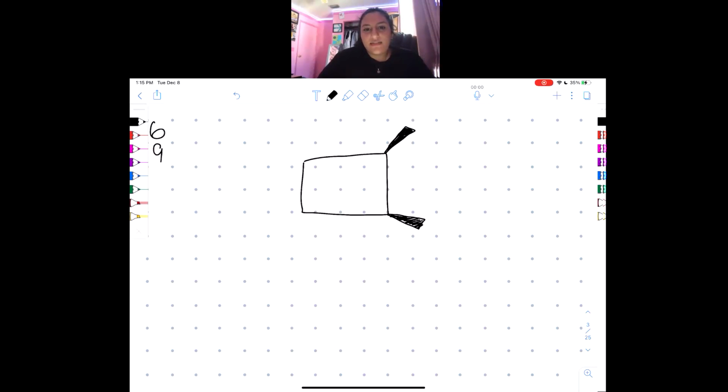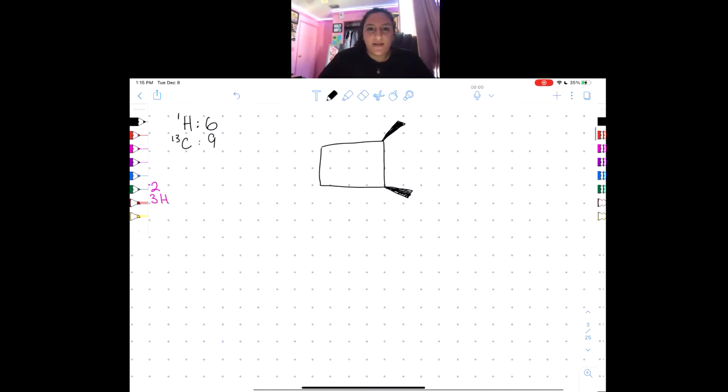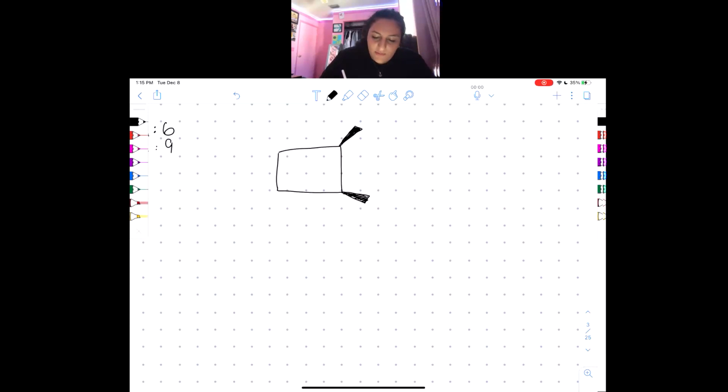So the way I like to do it is kind of 3D so that you can see what's happening and why everything is the way it is. So I draw it kind of crooked like that. And our methyl groups are pointing up. And so now all of the hydrogens that are on either methyl are going to be exactly the same because we have this lovely line of symmetry here.